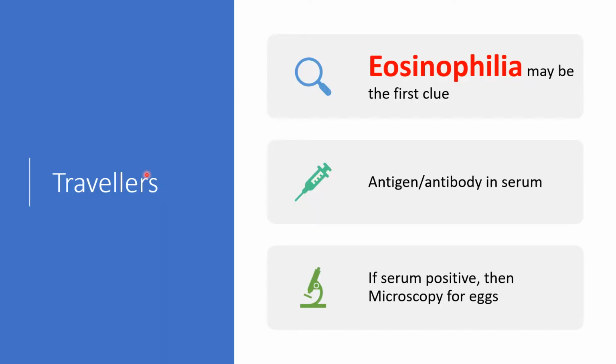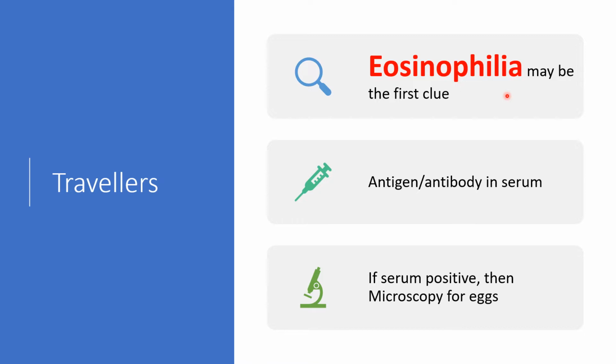For travelers, the first sign when it comes to making the diagnosis of schistosomiasis might likely be eosinophilia. That may be the first clue. Let me explain. I'm the physician now in the Western world.